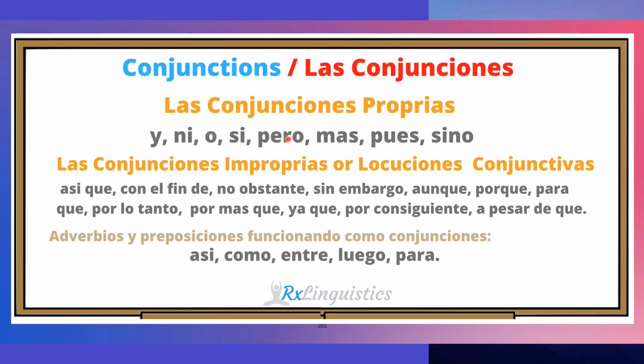Okay, now pero, mas, sino, they have similar meaning, and they tend to mean but. And but, B-U-T, is a coordinative conjunction in English. So these three, pero, mas, and sino, they have very close meaning to but, so you can use them almost interchangeably, but the context will guide you.